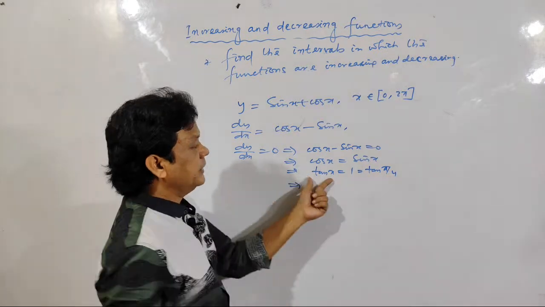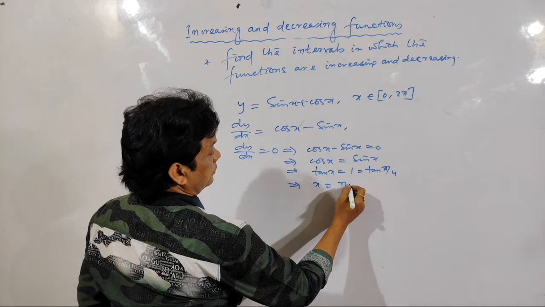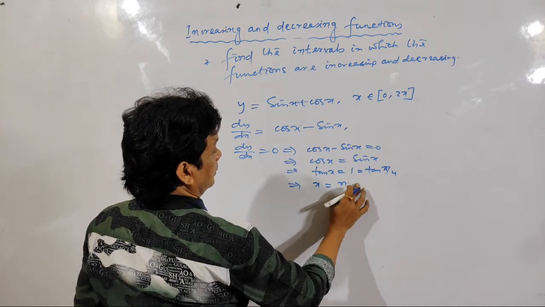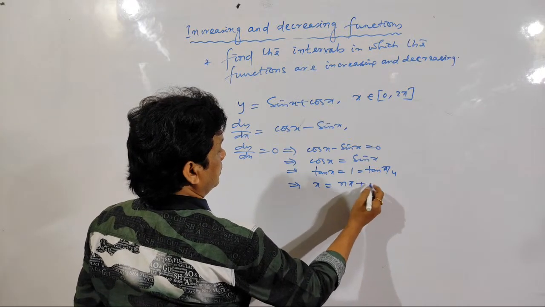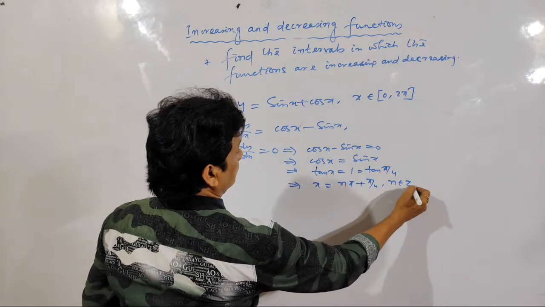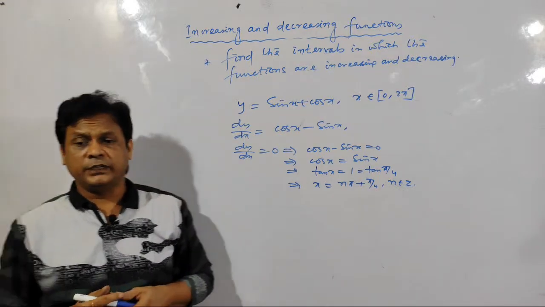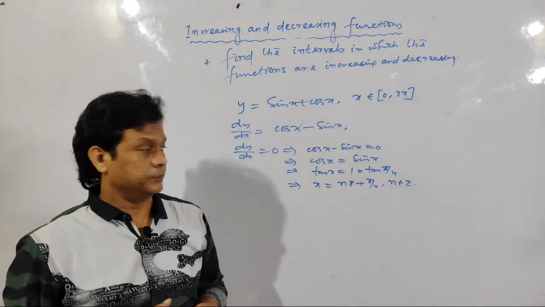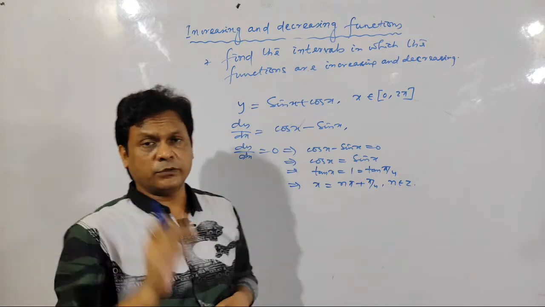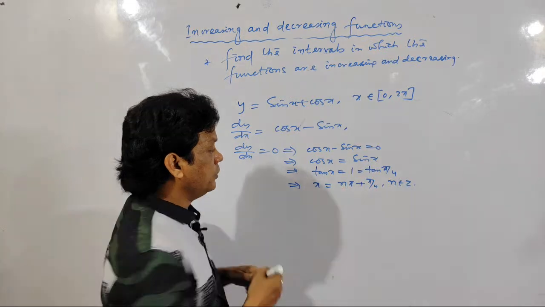That means tan theta is equal to tan alpha, and then theta is equal to n pi plus alpha for n belongs to Z. Tan theta is equal to tan alpha implies theta is equal to n pi plus alpha, in the trigonometry equation class of 11th. So I am putting n is equal to 0. If n is equal to 0, it is pi by 4.